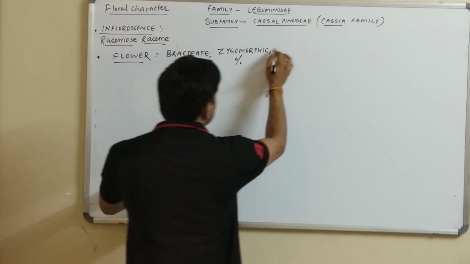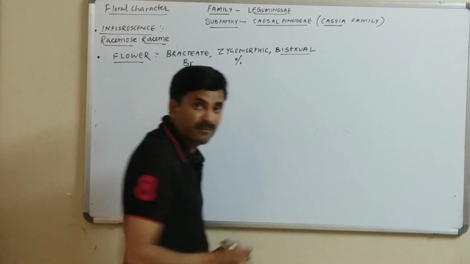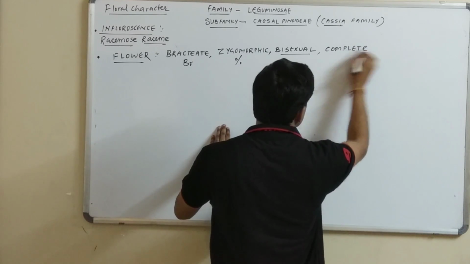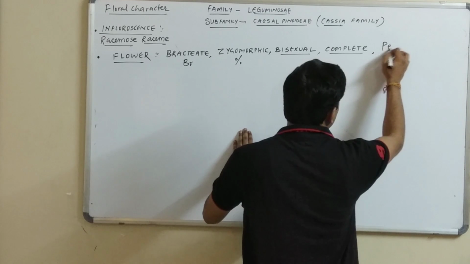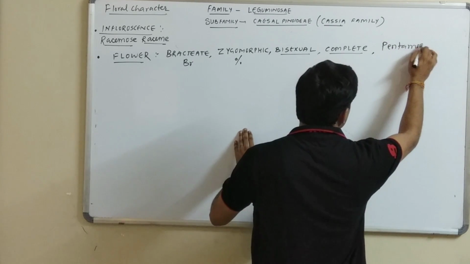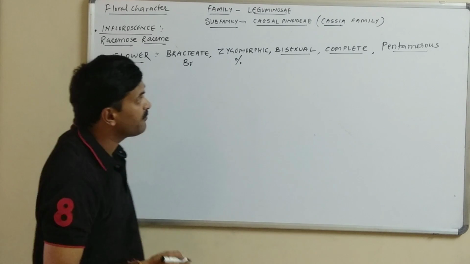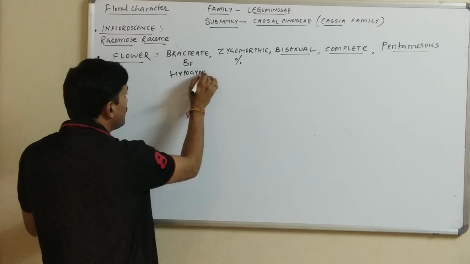Flowers are bisexual, complete, then pentamerous, which means the number of sepals and petals will be 5. The flower is hypogynous.